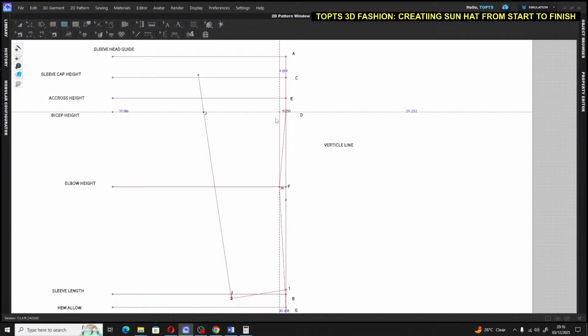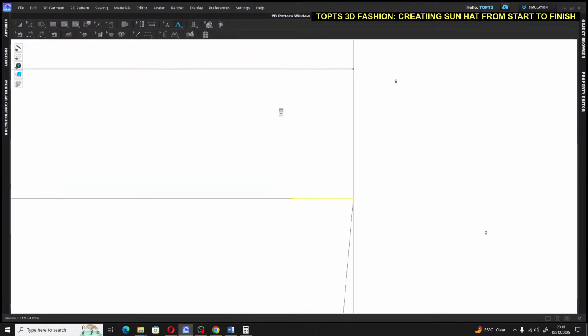And here we label this point as point 3. You mark the numbers that we have used. We mark this point 3.